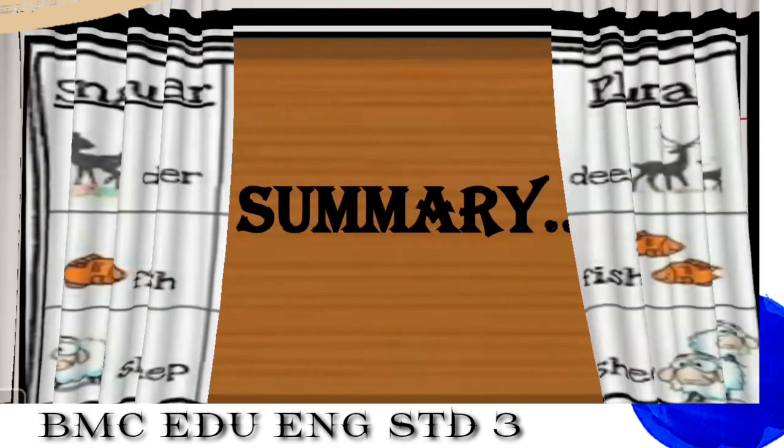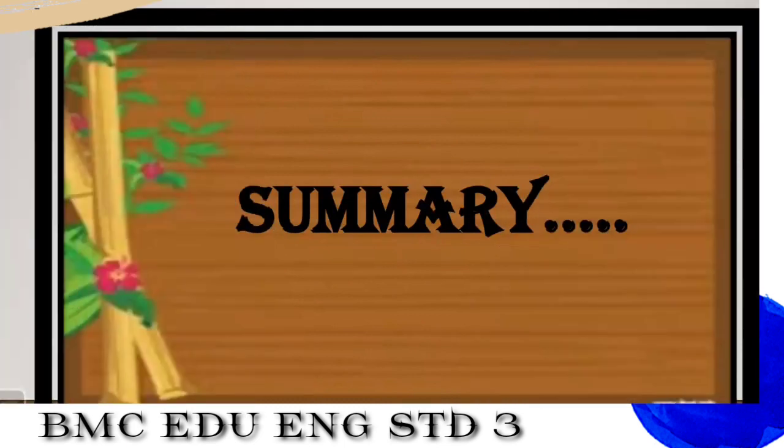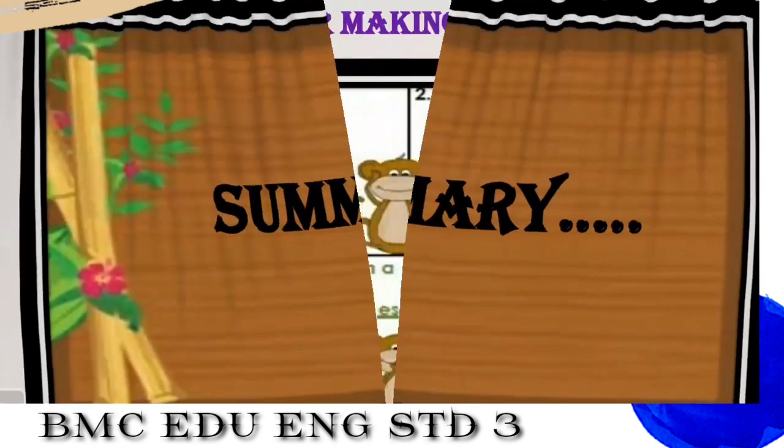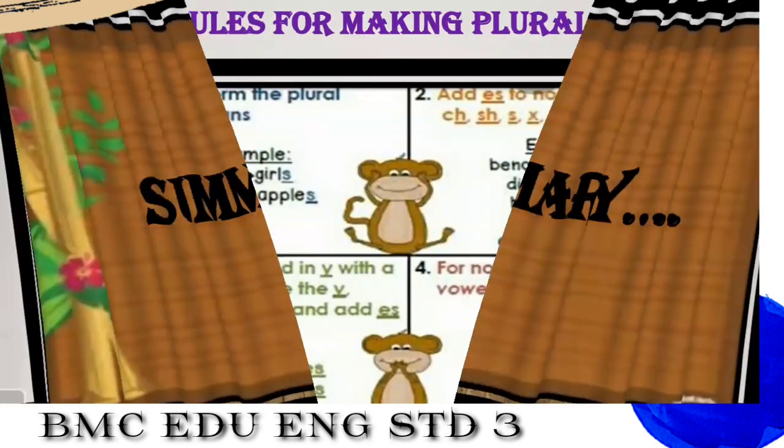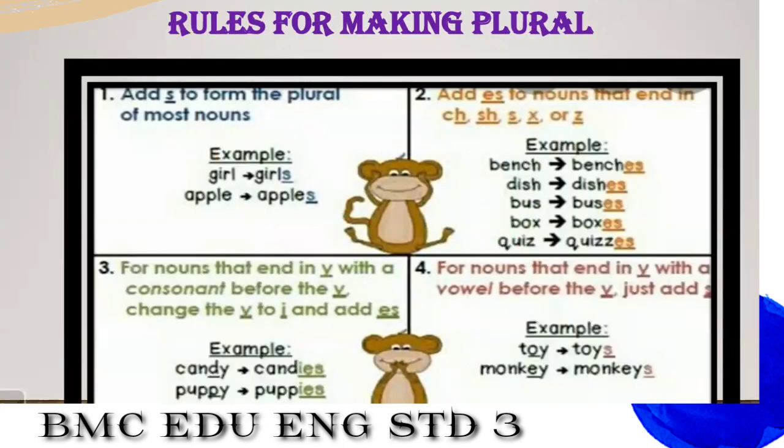Now let us revise what we have learned. So let us see the summary. Rules for making plural. So first is what? Add s to form the plural of most nouns. Second rule, add es to nouns that end in ch, sh, s, x or z.